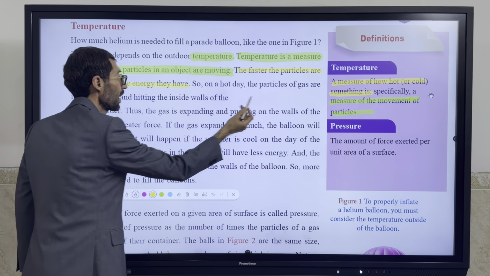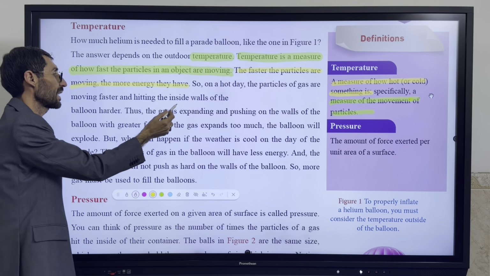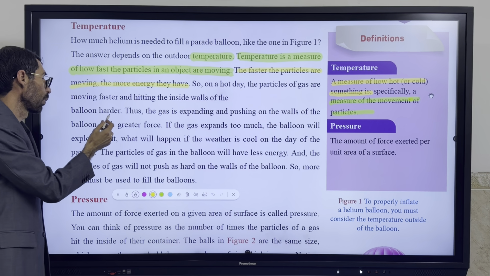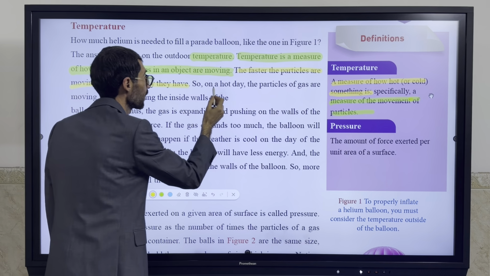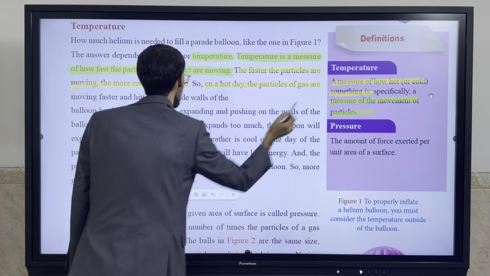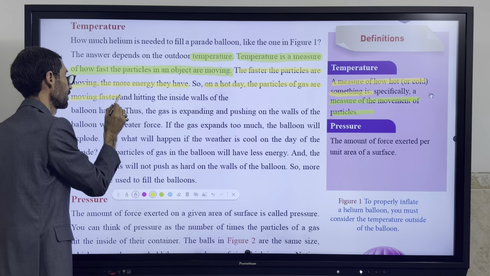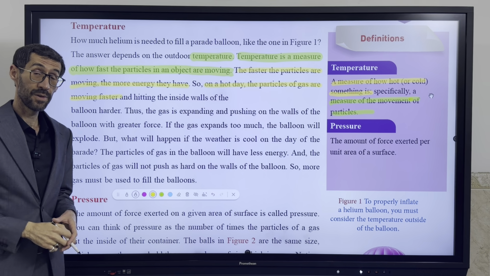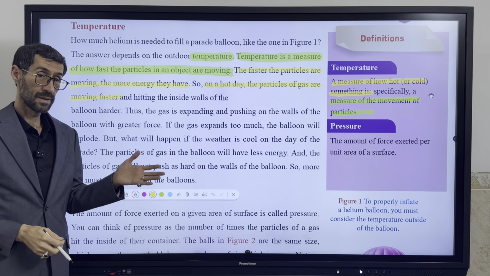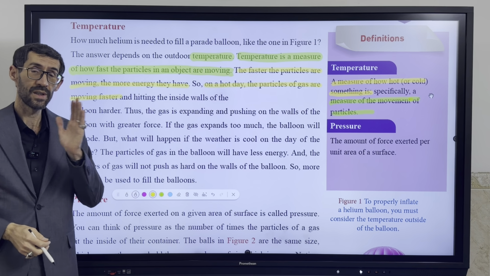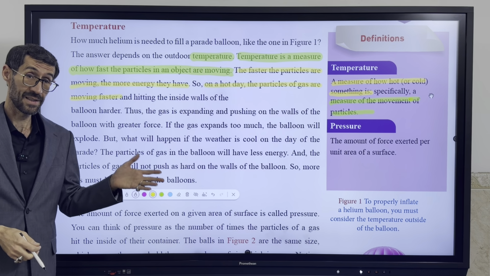On a hot day, the particles of the gas are moving faster and hitting the inside wall of the balloon harder. Let me highlight it for you. On a hot day, the particles are moving faster. As I explained, the more the temperature, the more the movement and the more the energy of the particles.